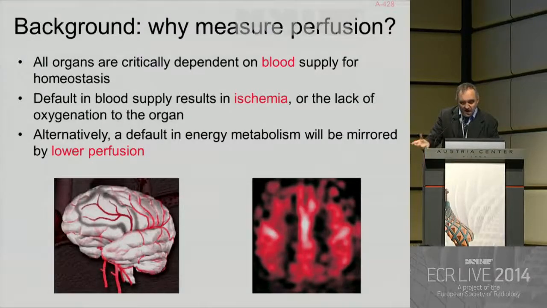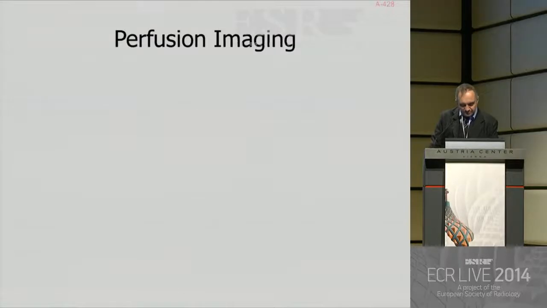In a way, if you have a default in energy metabolism, such as in dementia or Alzheimer's disease, like here, well, this low metabolism will be reflected by a low perfusion. So these are two very different cases. In one case, you have a cause, in the other, the consequence of perfusion. And arterial spin labeling seems to be an interesting method to measure that.